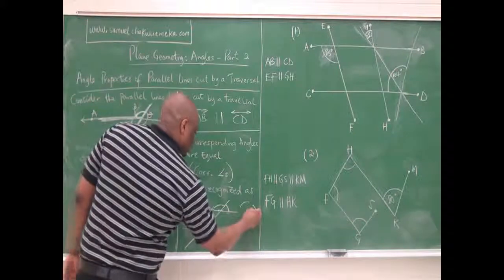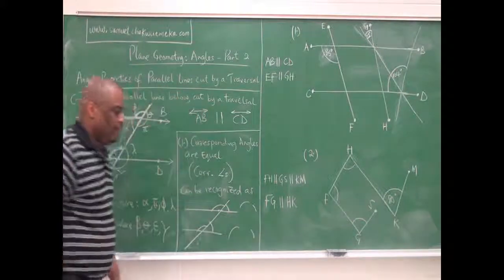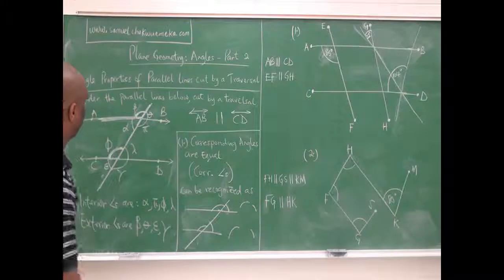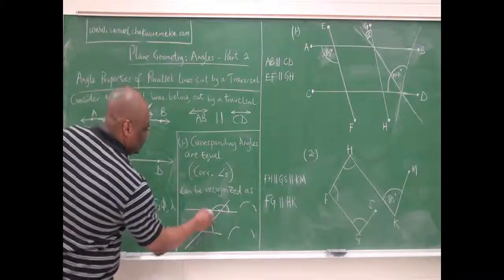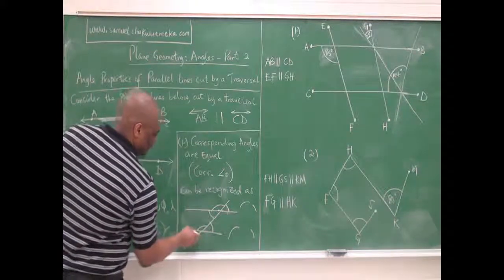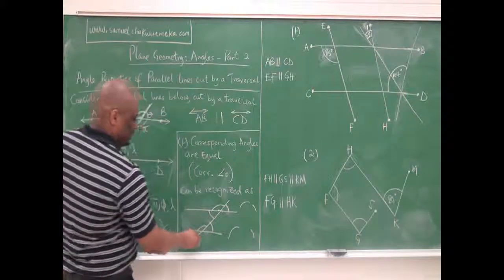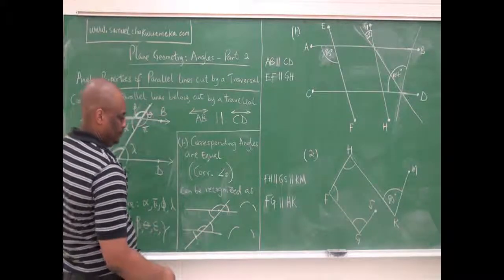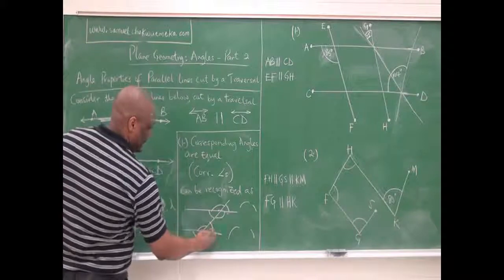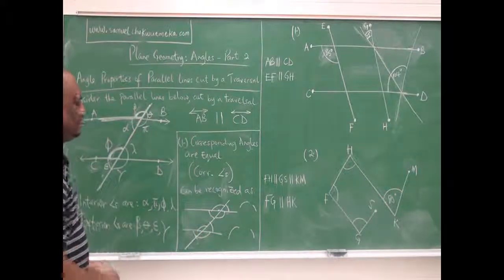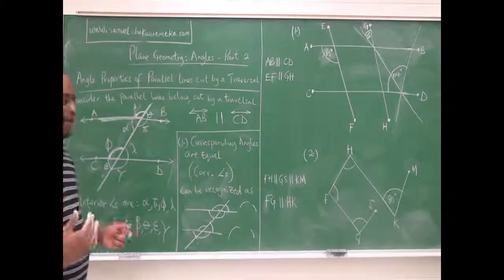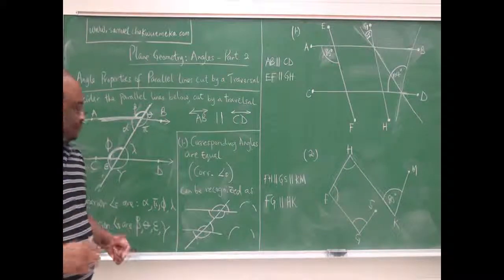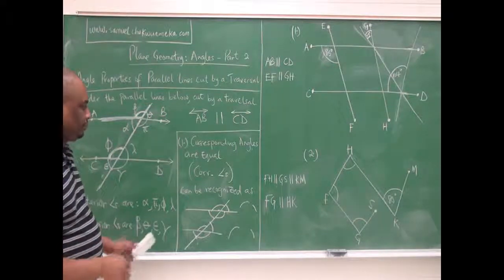And then this will face like this. That means they're corresponding. And if you look at it also from here, this will face like this. That will face like that. And then this will face like this. So they must face the same direction. Okay?